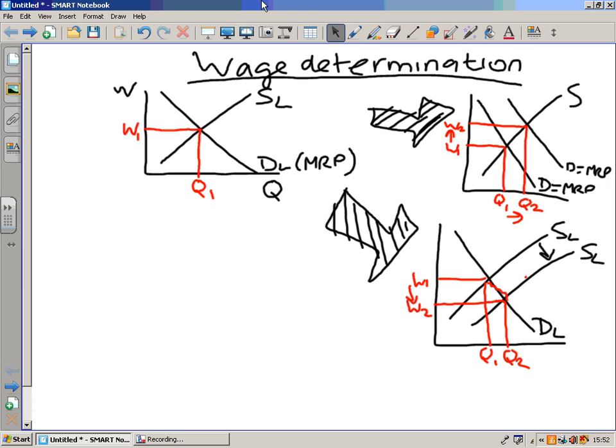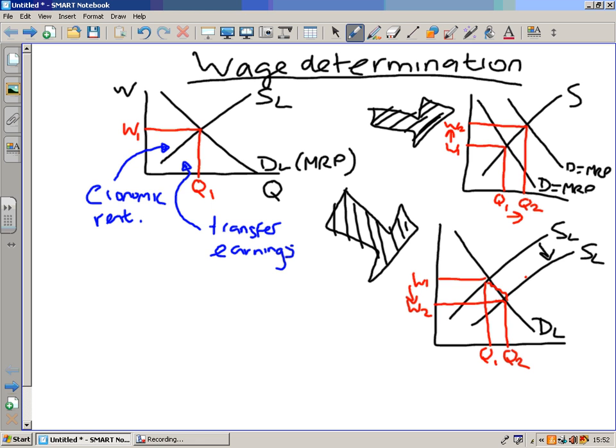Right, now what I want to show now on our original diagram are two different areas. Okay, now this one here is what we call transfer earnings. This one here is what we call economic rent. Okay, now let's explain transfer earnings first of all. Let's look at this point I've indicated on the supply curve.